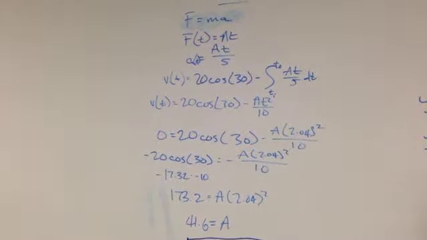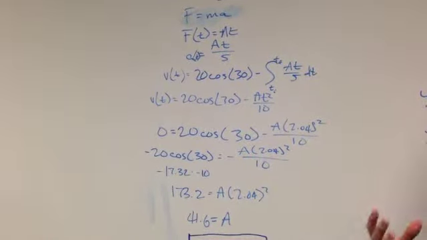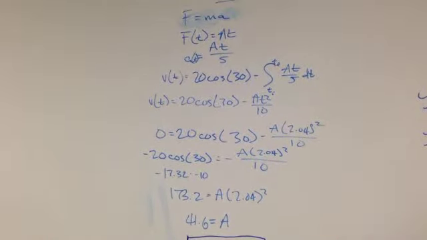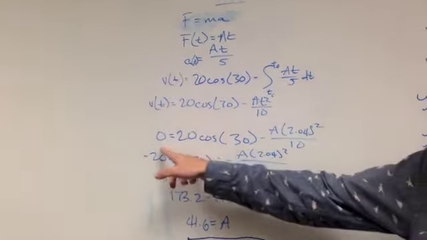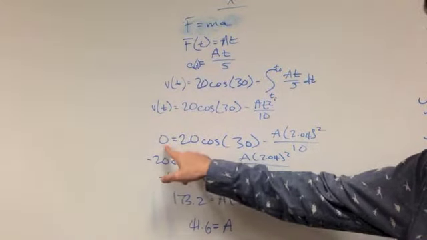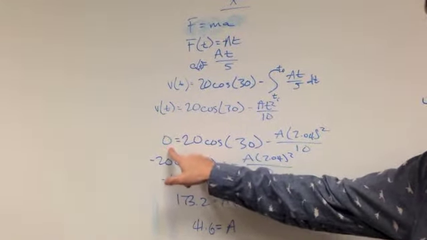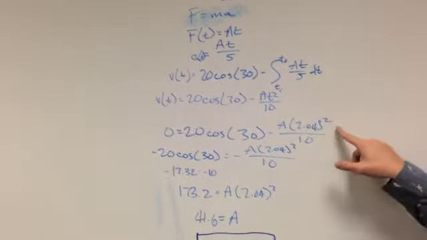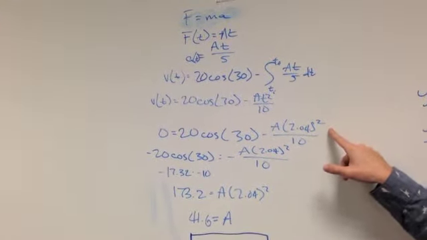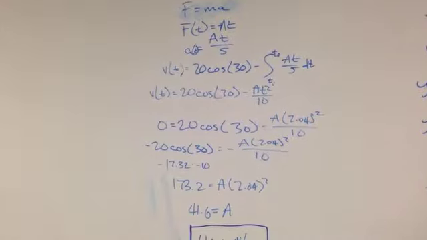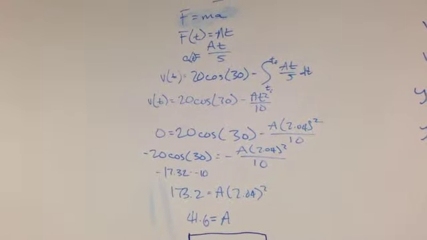And then we need to set it equal to 0. So the x velocity is equal to 0, and the time is equal to 2.04 seconds, because that is the most amount of time that the ball will be in the air.